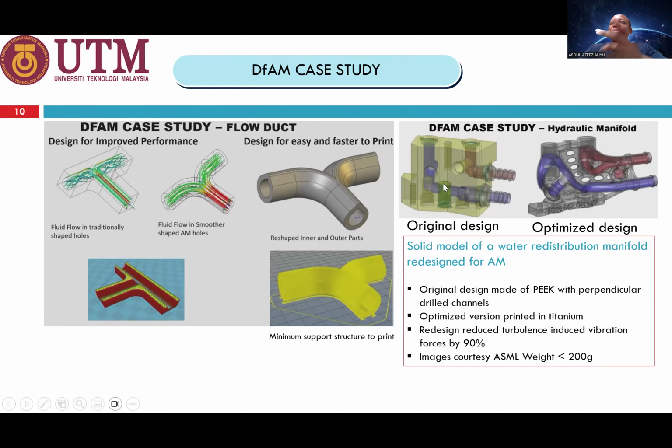Another case study is this hydraulic manifold. Also, it has a hole inside, which helps in exhausting the fluids. You can see that the hole is also aligned perpendicularly. This is because it is easier to produce using conventional methods.